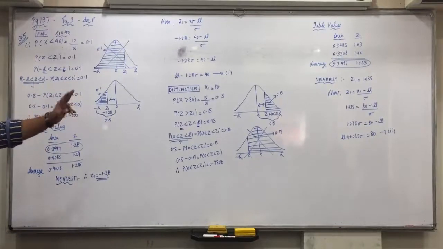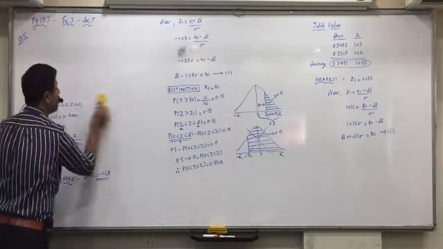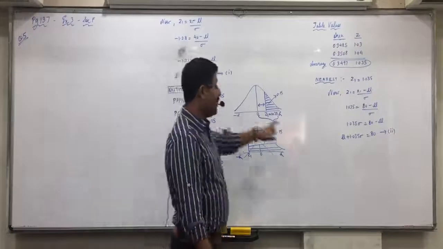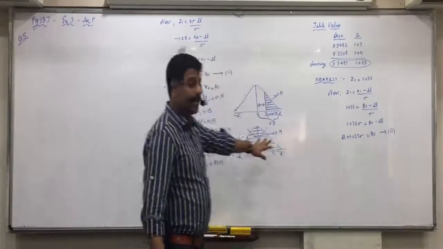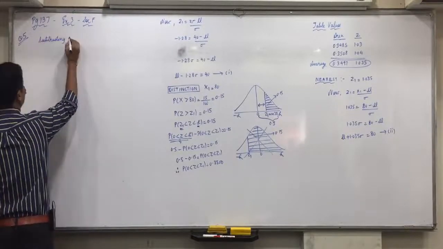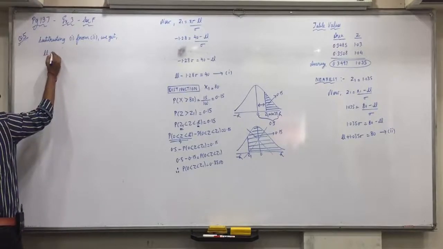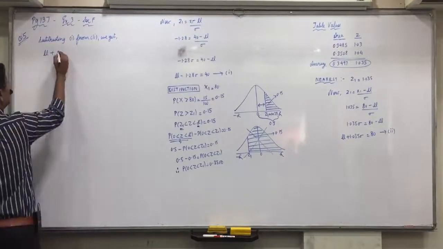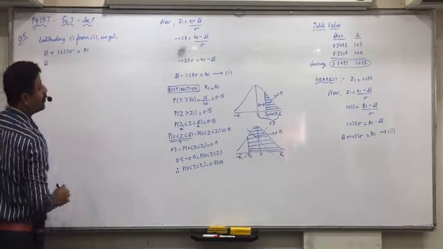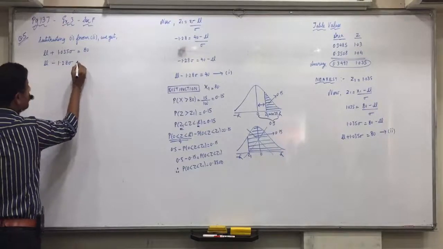Now this we have done earlier, solving the two equations. You have to get the value of mu and sigma. What did I tell you in solving of two equations earlier? Bigger minus smaller. So here 40 and 80, which one is bigger? 80. We'll do 2 minus 1. Subtracting 1 from 2, we get: 2 is mu plus 1.035 sigma equal to 80, 1 is mu minus 1.28 sigma equals 40.